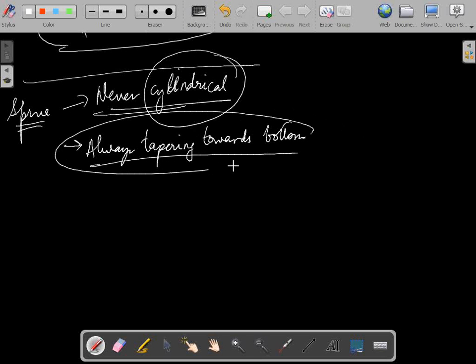This is a condition for sprue. It should never be cylindrical. Why it should never be cylindrical? This I'll tell you, but the mathematical calculation will be your task. I will do the mathematical calculation for the tapering bottom.